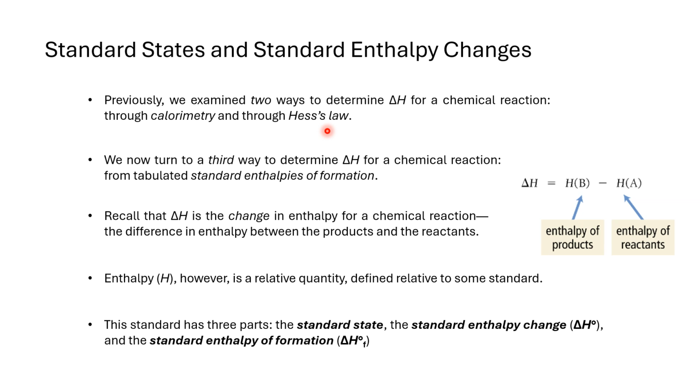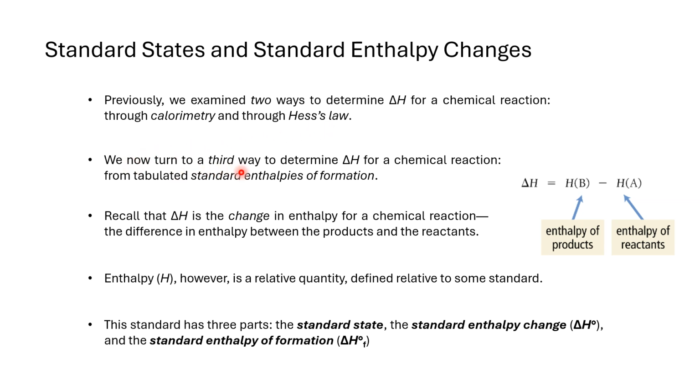We were able to add all of those up and then eventually match the overall equation. And then when we matched the overall equation, we took the sum of all the delta H's of every step in that process to get the delta H of the reaction, right? So that's just a little bit of a recap for how we were able to calculate delta H so far.